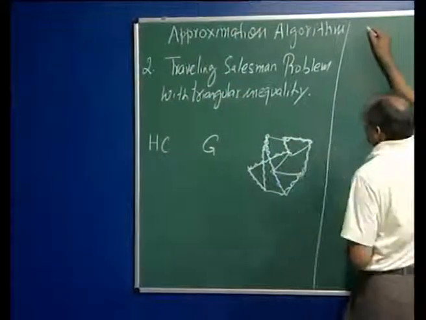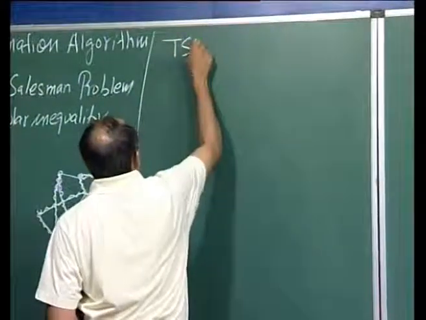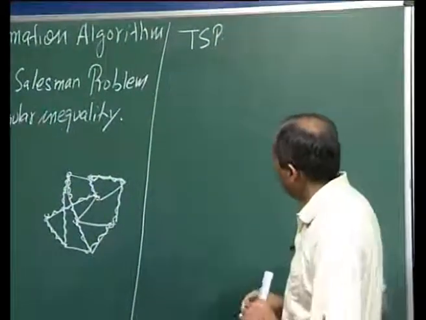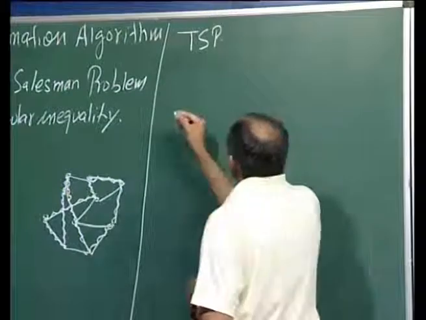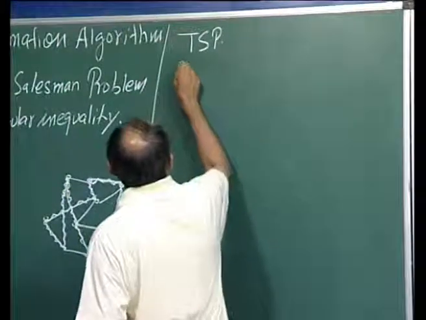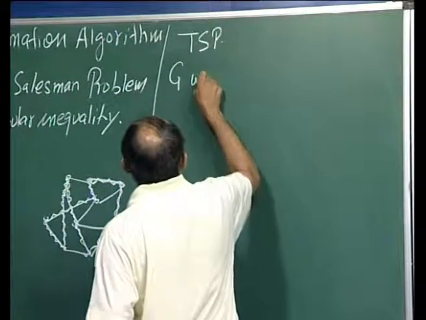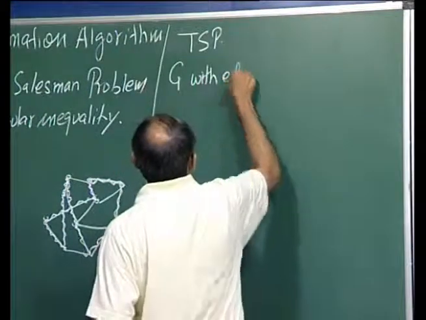But the traveling salesman problem is a variant of this problem, which is of the optimization flavor. And in TSP, which stands for traveling salesman problem, we have the following statement of the problem. We are given G with edge weights.